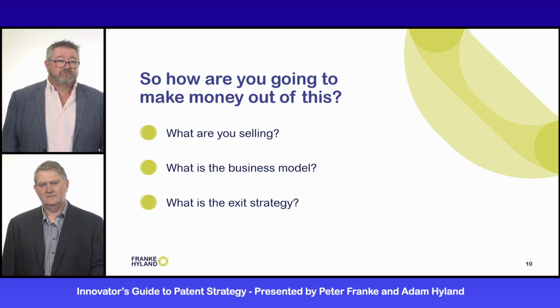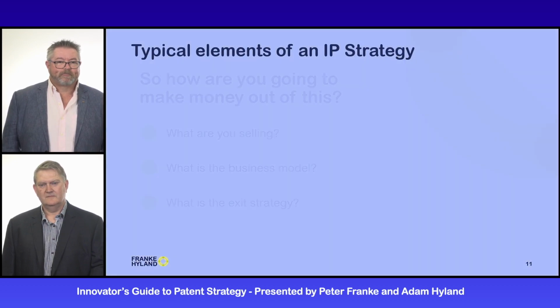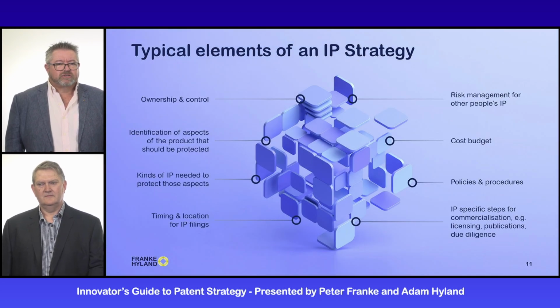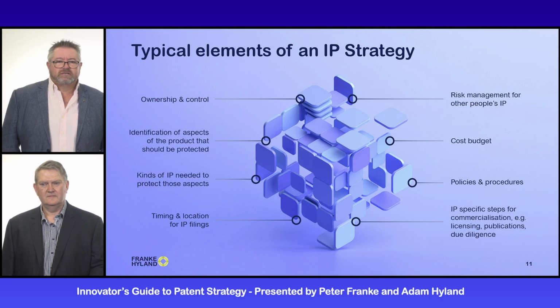So these are the things we really need to have as good an idea of as possible at the start of the process, because this will guide how the whole patent strategy gets set up. There are a number of different elements of a patent strategy, things that we need to deal with.